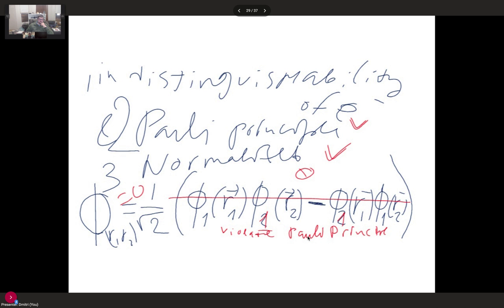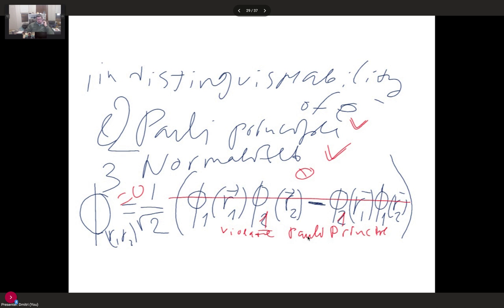So here is the solution for two electrons. If instead of a simple product, we use a superposition of products, a superposition of products with different sign between them.